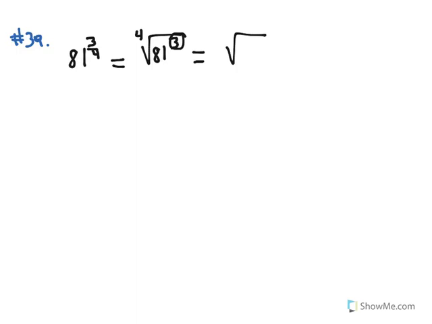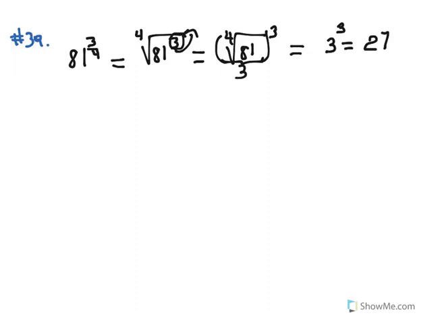So what if we take the 4th root of 81 and then take that to the third power? In other words, we get this power outside the radical. The 4th root of 81 is easy to see: it is 3. Then that would be 3 to the third, and 3 to the third is 27.